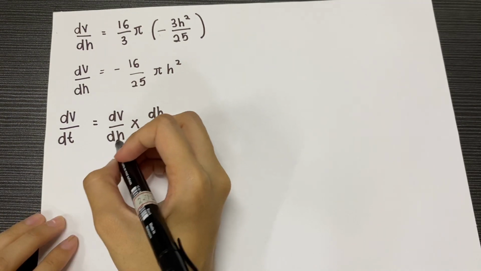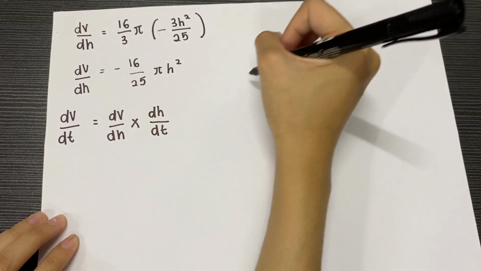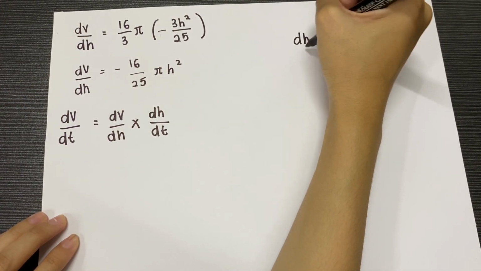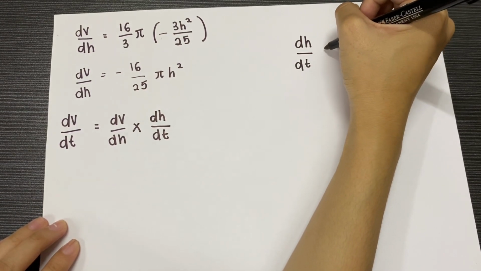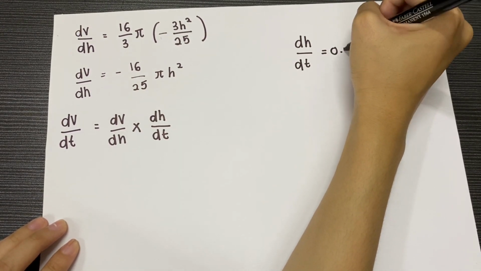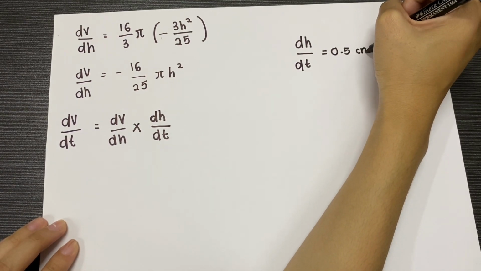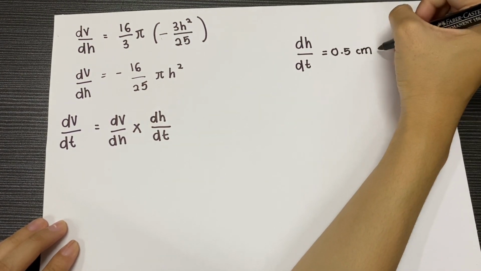Since we have dv over dh, we just need to find dh over dt, which is already given in the question, which is 0.5 centimeter per second.